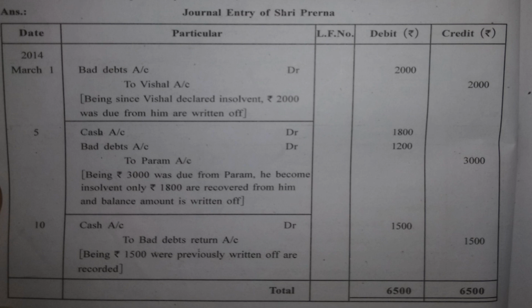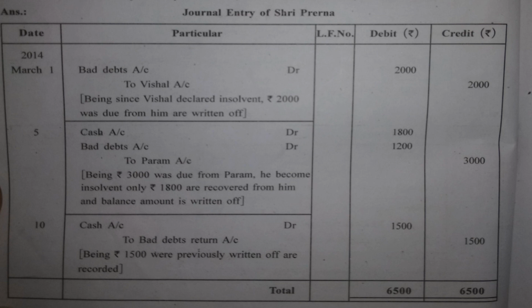So overall, Param's account has been closed by 3000 by crediting him, out of which cash 1800 has been debited, because we debit what comes in, and the remaining 1200 is to be written off because it is a loss. Param will not be able to pay 1200 rupees because he became insolvent. Alright.